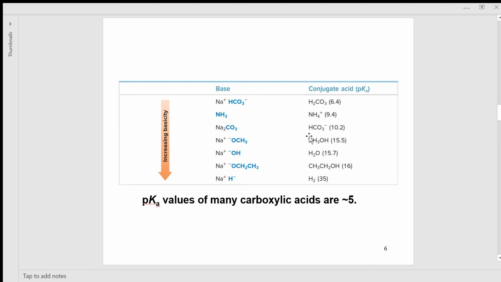So if a molecule's pKa value is equal to or above 15 or 16, then it is considered a very weak acid, but its conjugate base is considered a strong base.